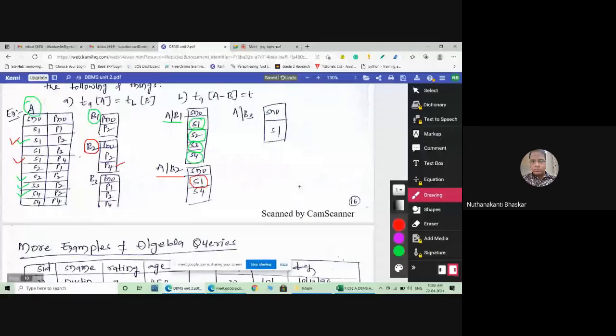Have you understood now? Only one tuple is there, we need to check only one. But here it contains two tuples. Whatever tuple we are verifying must have this P2 and P4, so that only it will be divisible. Clear?